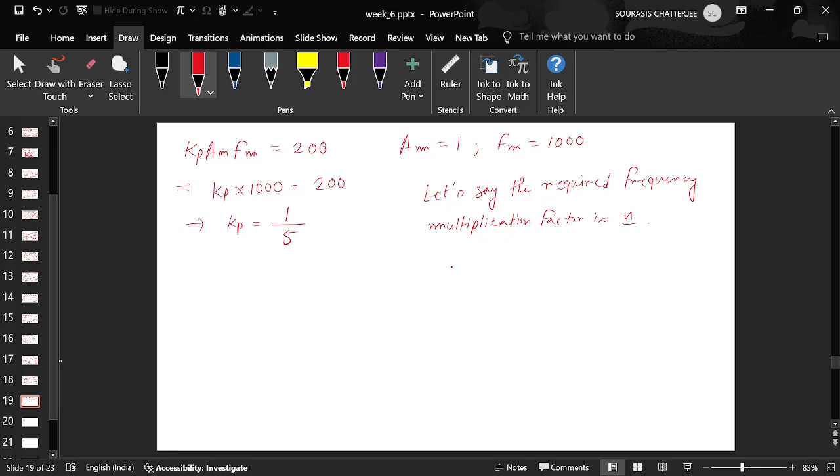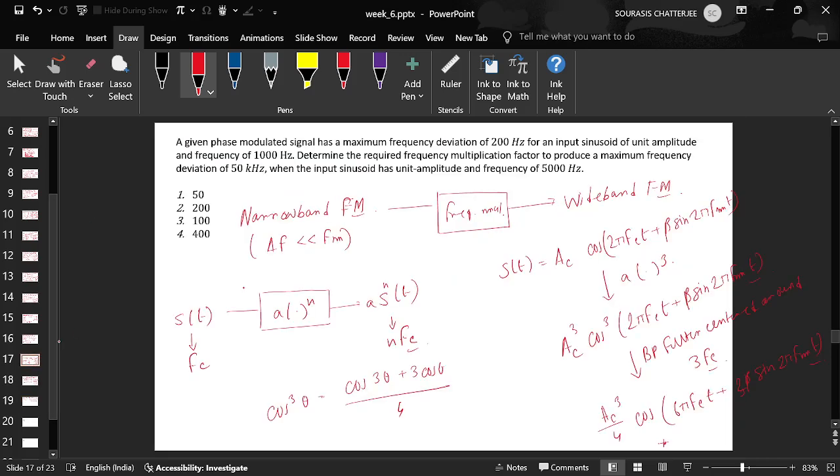So we've already seen what our modulation index is going to be: n times beta, that is n times kp Am, right? So in this case it is being said that the maximum frequency deviation is going to be 50 kilohertz.